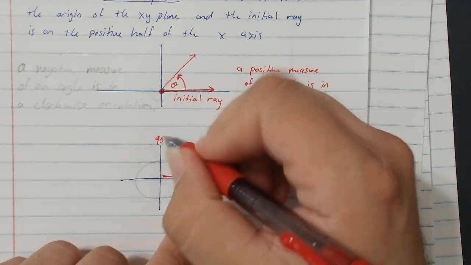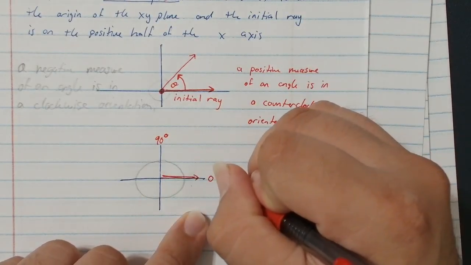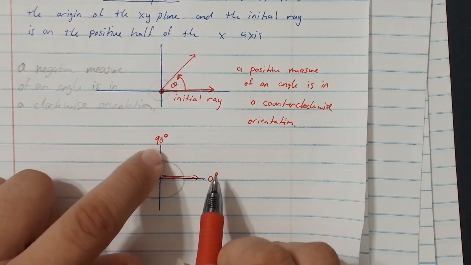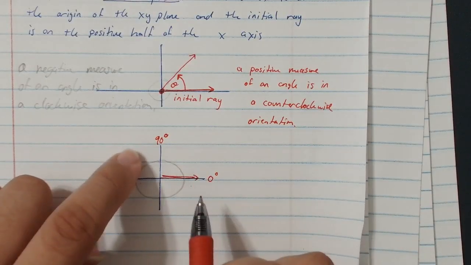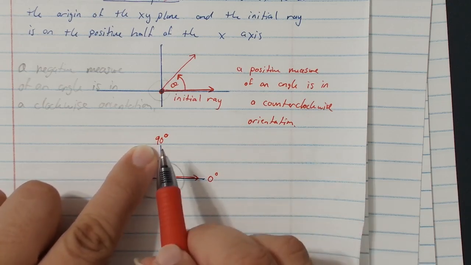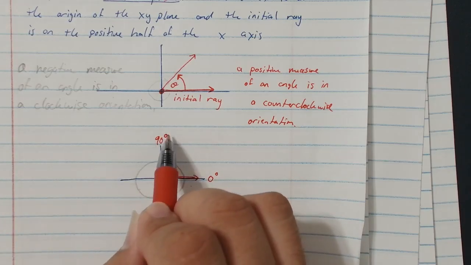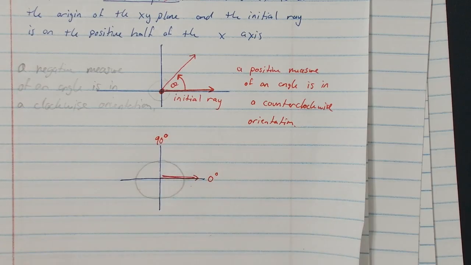The number 90 doesn't mean anything unless you have a unit, so that's 90 degrees. Now you might wonder, well, why do I need the degree symbol? If I'm talking about an angle, then 90 must mean 90 degrees, right? Well, no, there's other ways of measuring angles, which we'll see in a few minutes. So this will distinguish degrees from what we'll be calling radians in a few moments.